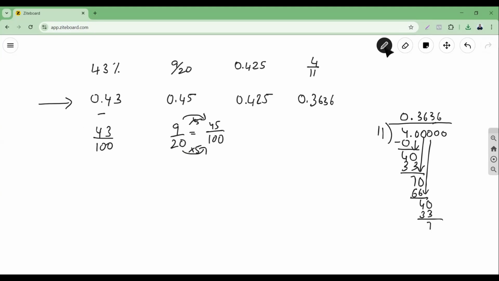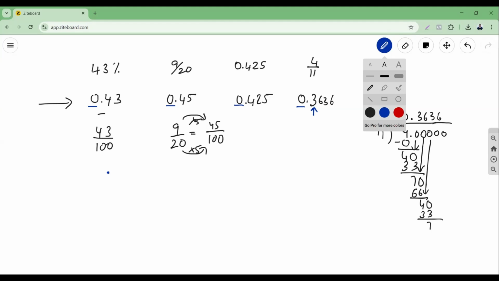And how do I compare decimals? Just like normal numbers, whenever we compare normal numbers, we compare the highest place value first. First is the ones place. All the ones places have zeros, so there's no use of comparison. Next, we see 0.363636. This is the least.